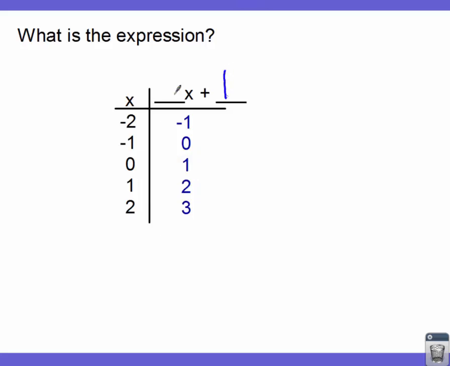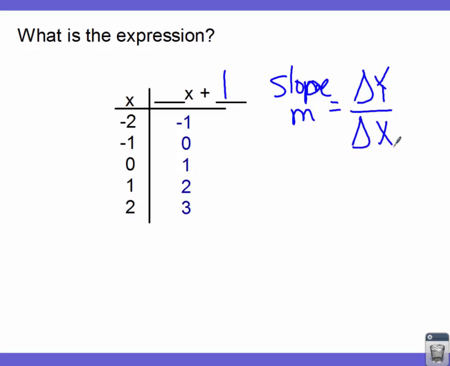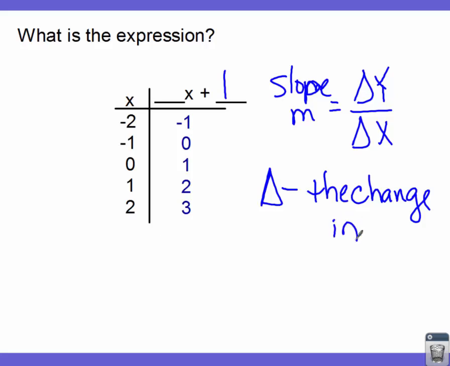Okay, now we need to find slope. Now slope, or the m, is defined as delta y divided by delta x. Well, this little triangle is a little Greek letter, okay? And delta in math and science actually stands for the change in. So to find slope, it's the change in the y values divided by the change in the x values. So we come over here and we look at these values right here.